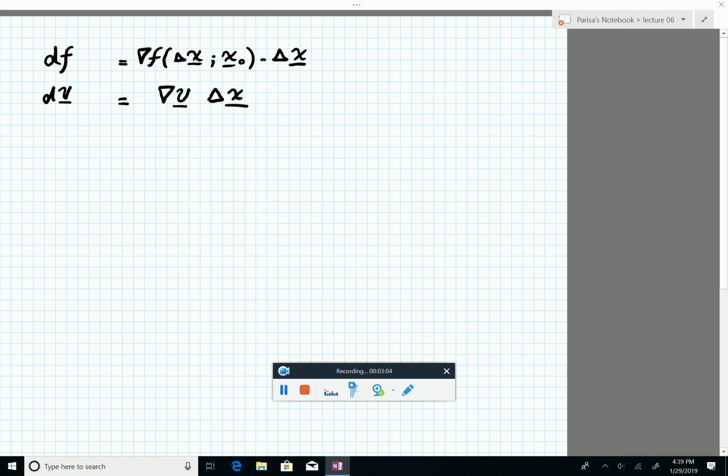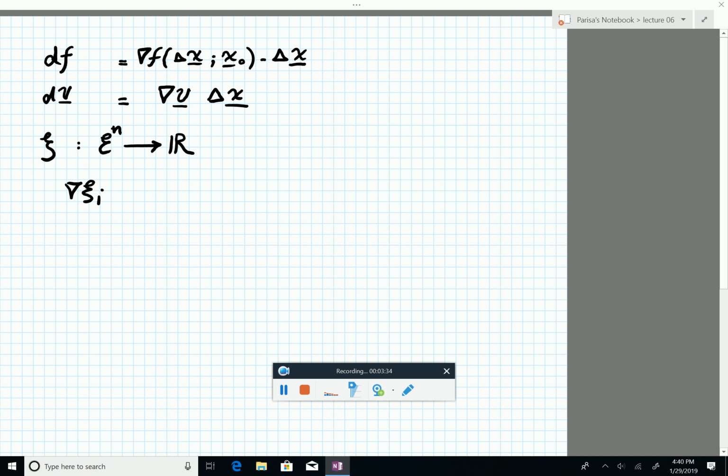But then I talked about coordinates, and then I defined a function called a coordinate function, which maps points in the Euclidean point space to scalars. That's what we learned about the coordinate function. And now, do you remember the gradient of this function?